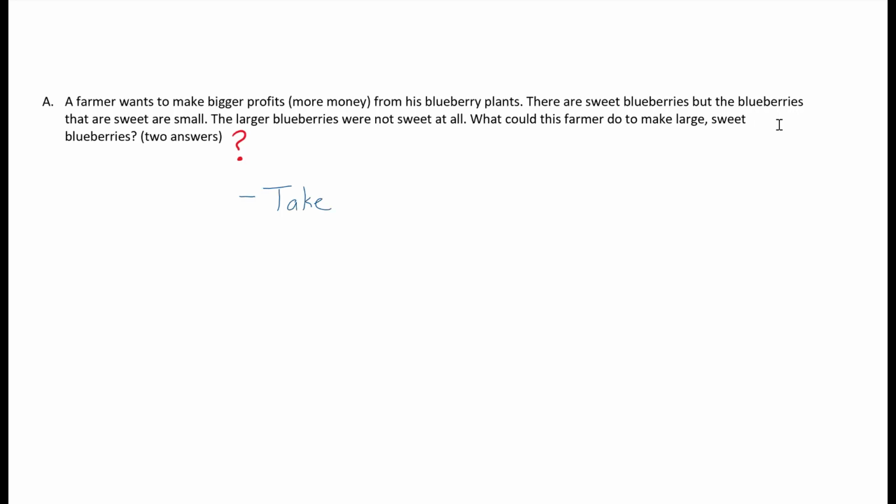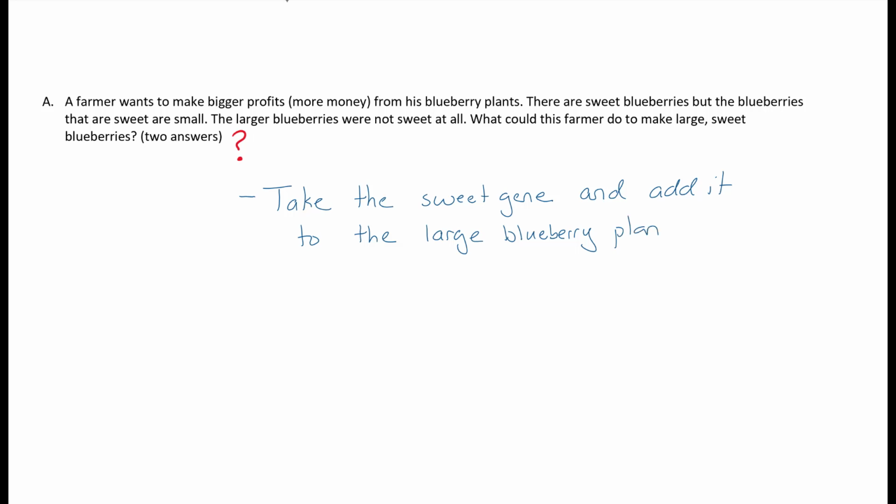Little story here. Farmer wants to make blueberry plants that are large and sweet, and he has a large unsweet one and a small sweet one. How can he make a combination of large and sweet blueberries? Take the sweet gene and you just simply cut and paste it into the large blueberry plant's DNA with the help of bacteria.